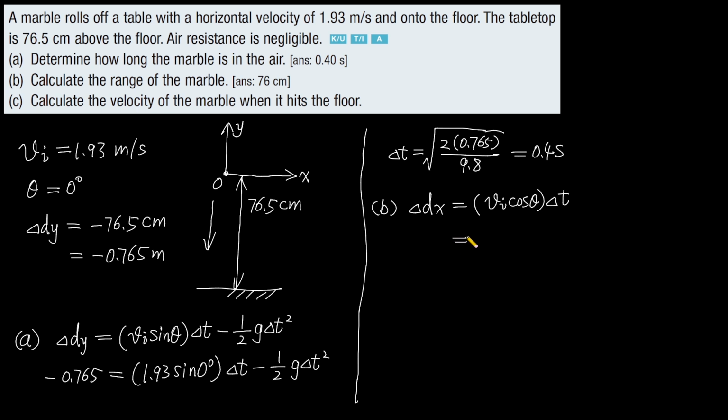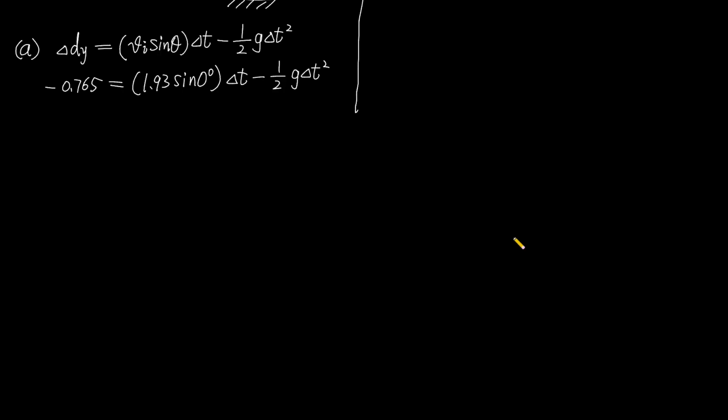And this equals the initial velocity 1.93 multiplied by cosine 0 degrees multiplied by 0.4 seconds. We know cosine 0 degrees equals 1. So at last, the horizontal displacement is 0.77 meters.